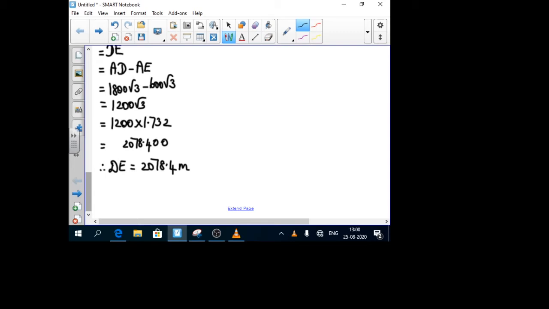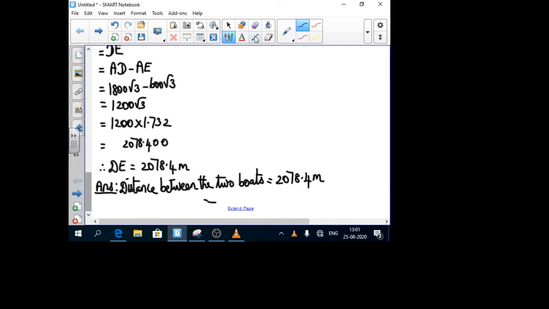In the first step itself, you simplify; if in the denominator you have an irrational number, you rationalize the denominator. So the answer: the distance between the two boats is equal to 2078.4 meter.